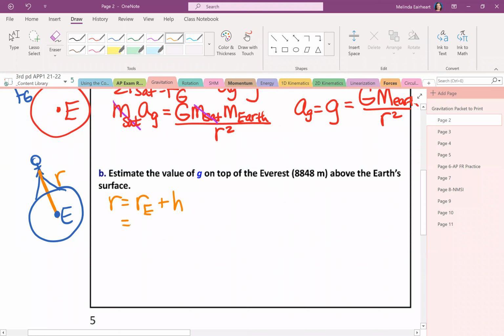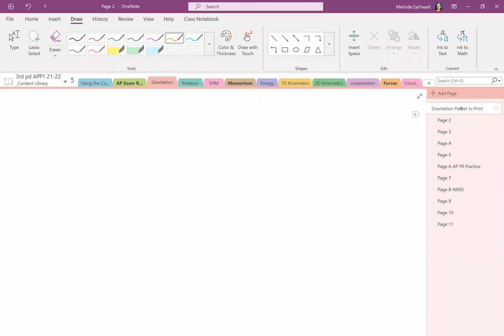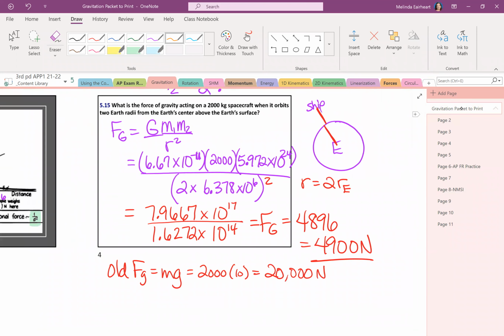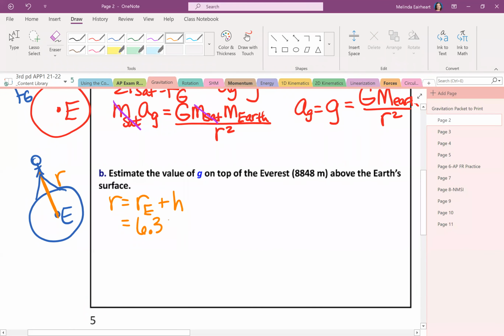Previously, we said the radius of the Earth, 6 point, hold on, I always forget the decimals, 6.378 times 10 to the 6th plus that 8,848. It's not a huge change, but we're going to take it into account.